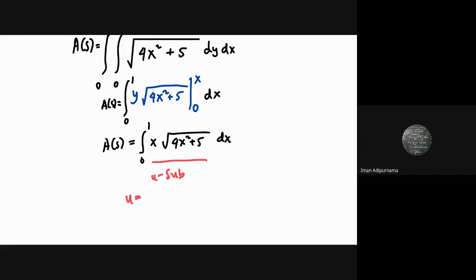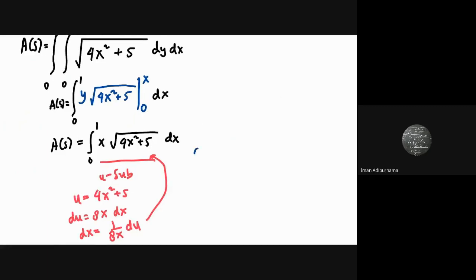You can substitute u equal 4x squared plus 5, and then du becomes 8x dx. So we can integrate, this becomes 1 over 8. Integrate first, and then turn u back to 4x squared plus 5. And then you get the solution. Okay.